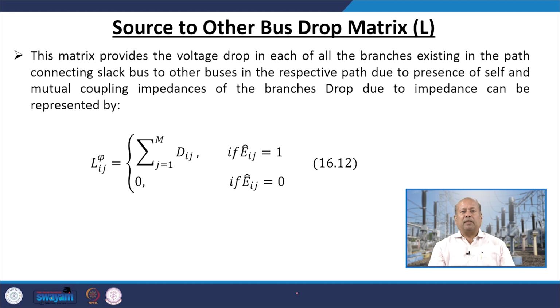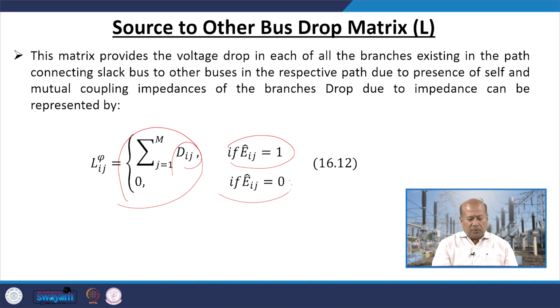This matrix provides the voltage drop in each of all the branches existing in the path connecting slack bus to other buses in the respective path due to presence of self and mutual coupling impedances of the branches. Drop due to impedance can be represented by Lij, which is summation of j equal to 1 to m Dij, if Eij equal to 1, and it is equal to 0 if Eij equal to 0.